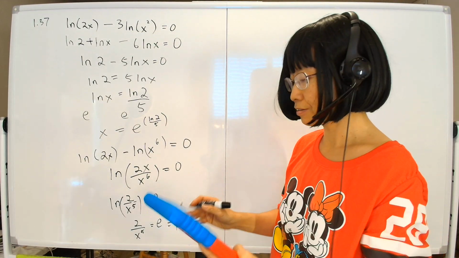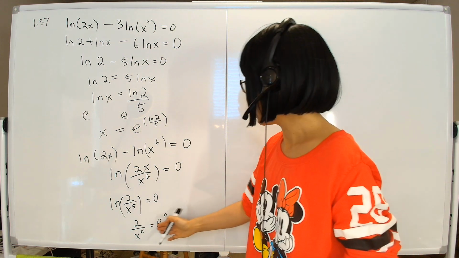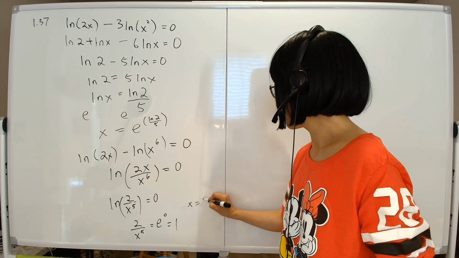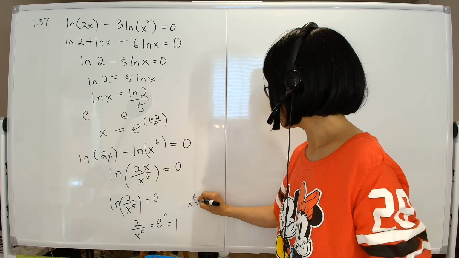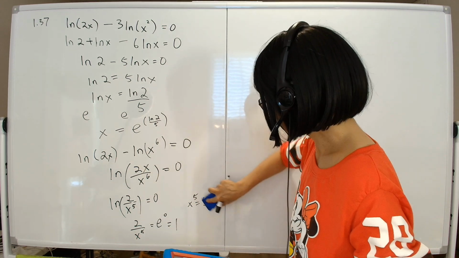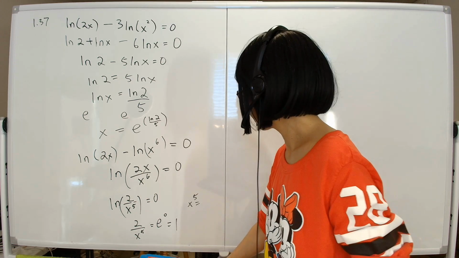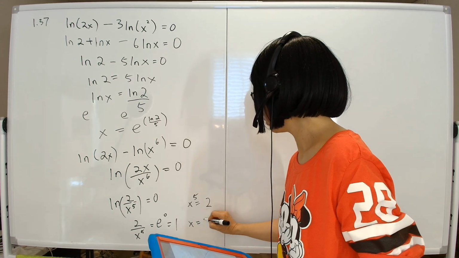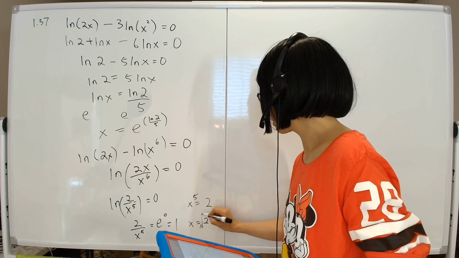So from there, you get x to the power 5, you put it up here, equals 2. Which means that x equals the 5th root of 2.